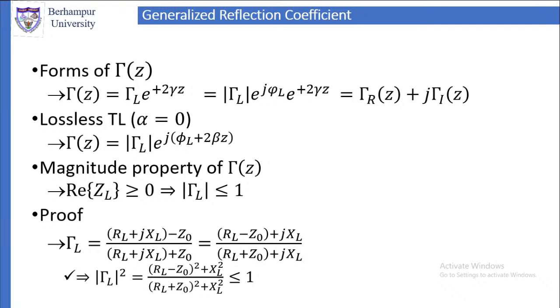In those cases, it will be equal to 1. Otherwise, you will get it to be less than 1. So gamma L has to be less than or equal to 1. This proves that gamma L is less than or equal to 1. So remember this: the upper limit on gamma L is 1. It cannot be more than 1.